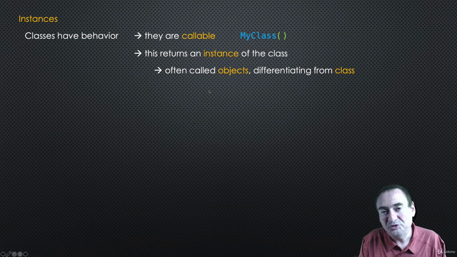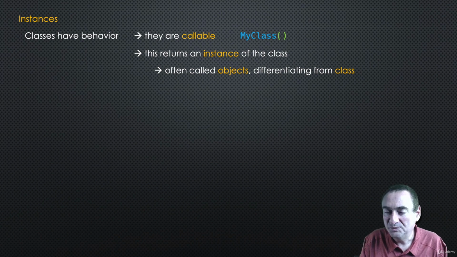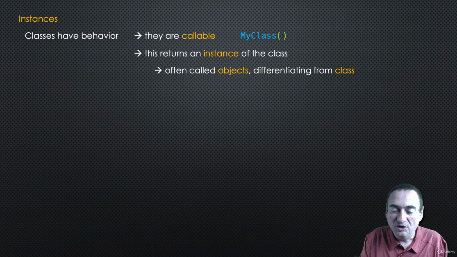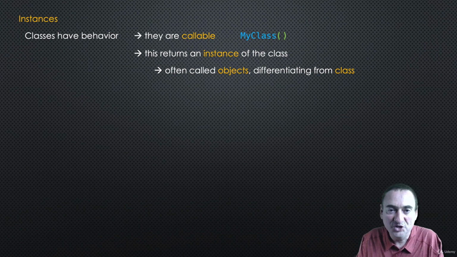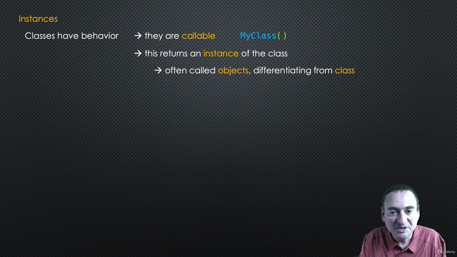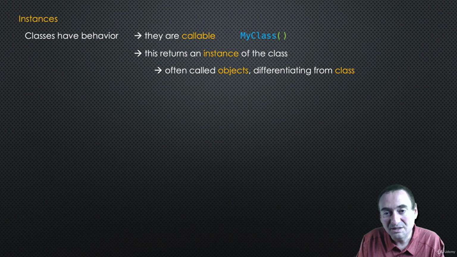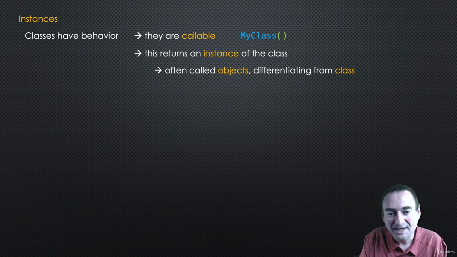So a little bit of terminology. Very often in object-oriented programming, we call the class, and instances of the class, the objects. But really in Python, everything is an object. My class is an object. Instances of my class are also objects. They just have different types. The type of my class is type. The type of an instance of my class is my class.